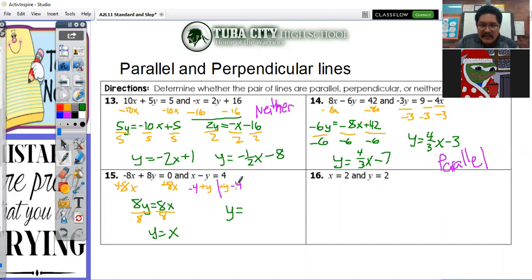And 4 minus 4 is nothing, so there's nothing else on this side. And y is canceled from here, and I get x minus 4 left over. And in this case here, they both have a slope of 1. So slope is 1, slope is 1. That means they are parallel.